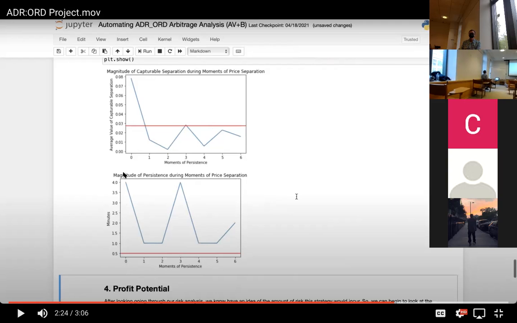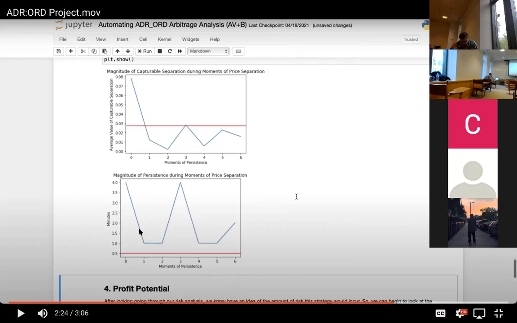So moment 0 is the first, well, we saw at the very first minute of the market opening at 9:30, there was some price discrepancy. So that's this moment 0. And we see here minutes on the y-axis. So we see that moment of price separation lasted for 4 minutes before closing.